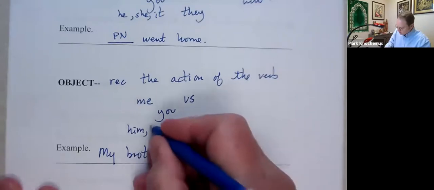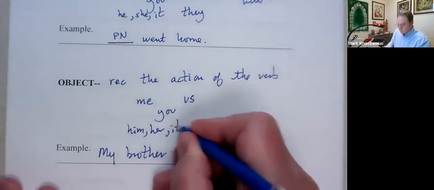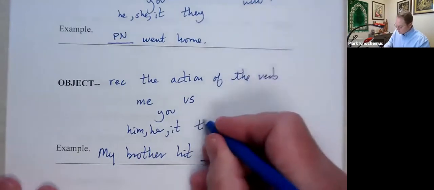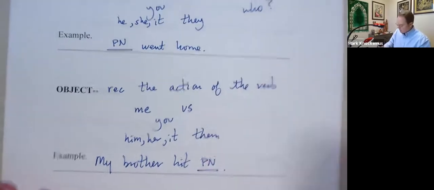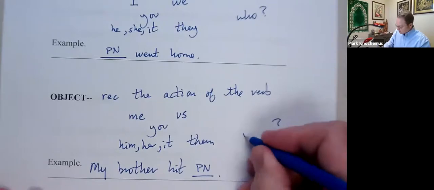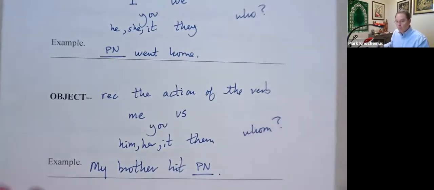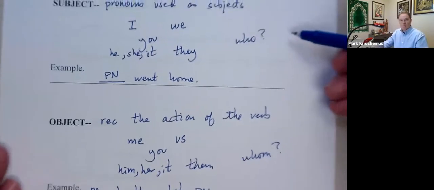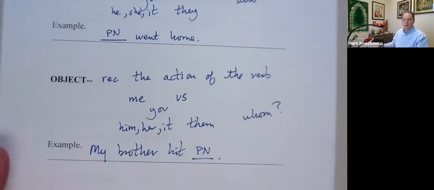My brother hit her. It stays the same. They becomes them. And if we ask a question, whom did my brother hit? Yeah, so we see some changes when we go from subject to object.